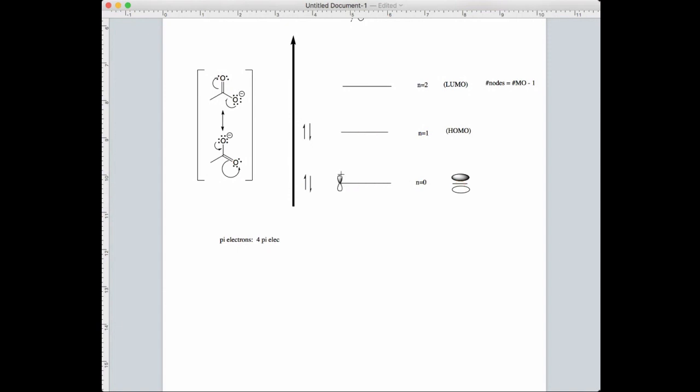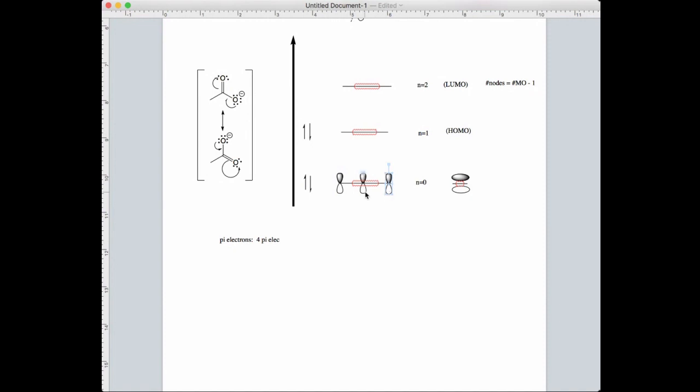Second time I'm repeating this. So if we have no nodes, there is no change in the sign of the wave function. So we basically add. So the resulting molecular orbital will look like this. Right here, same phasing, constructive interaction. Right here, same phasing, constructive interaction.